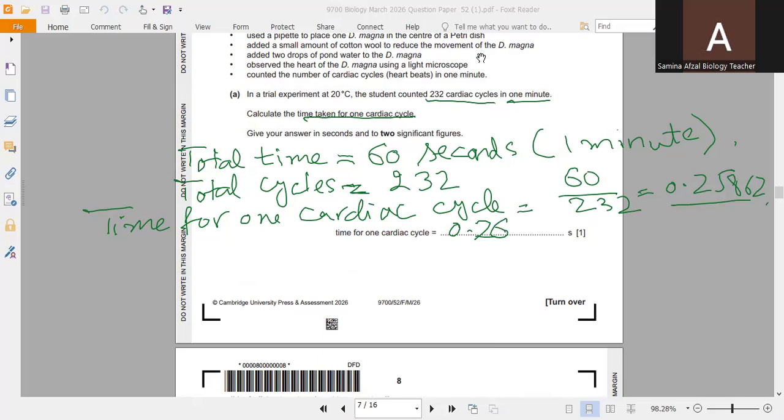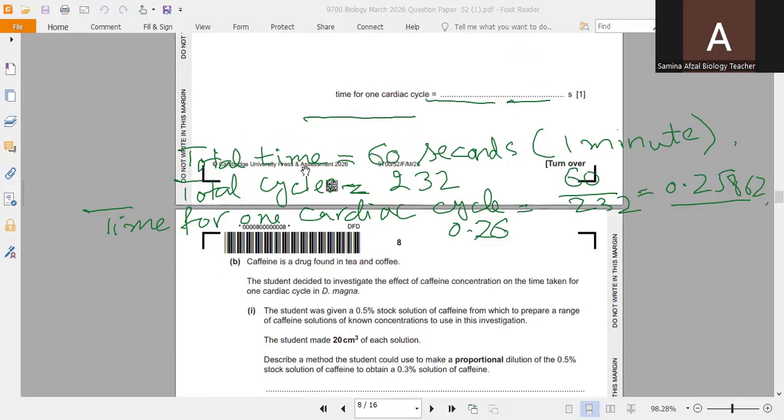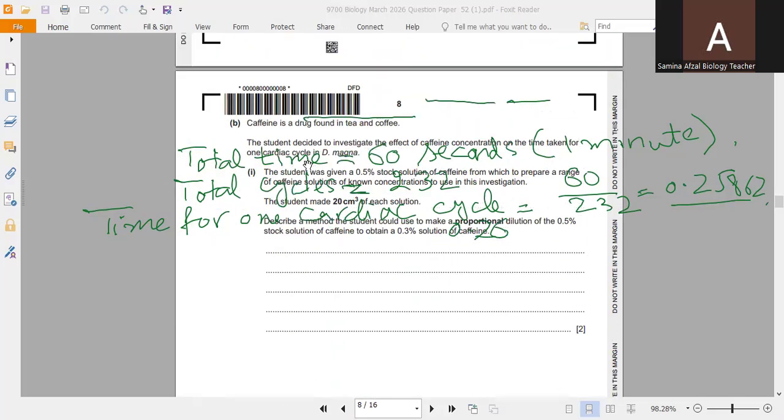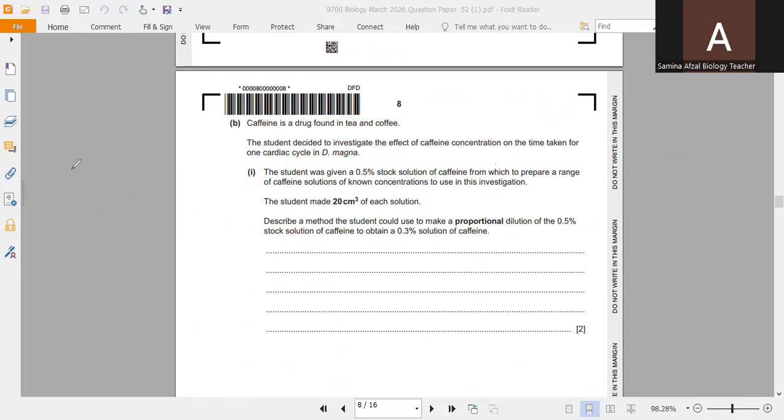Now we are moving towards the next part of this question. And the next part of this question is: caffeine is a drug found in tea and coffee. The student decided to investigate the effect of caffeine concentration on the time taken for one cardiac cycle in D. magna.